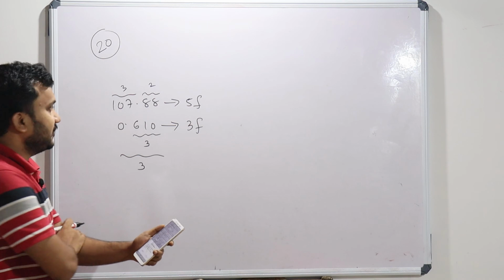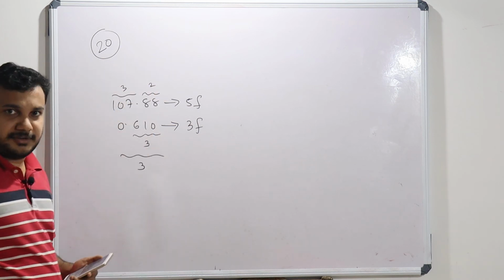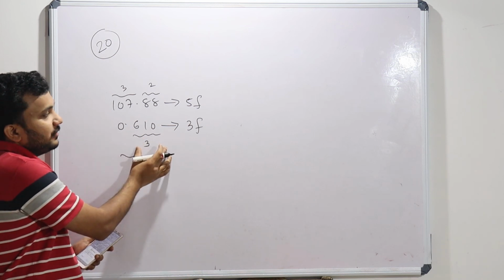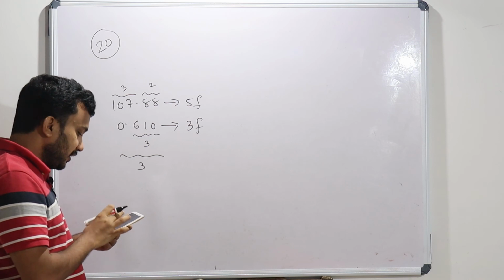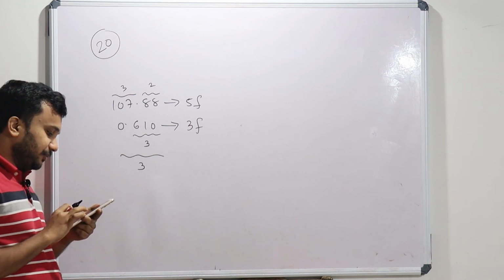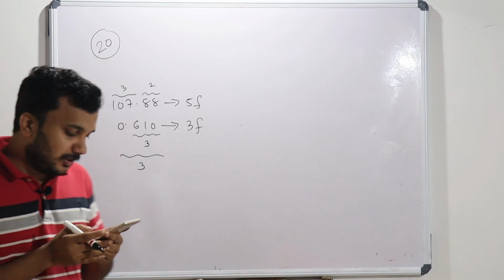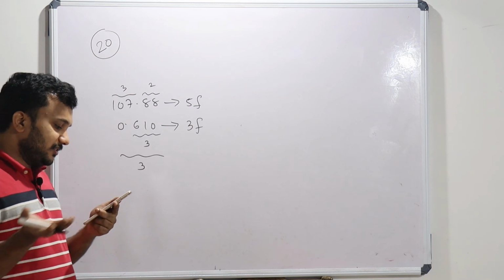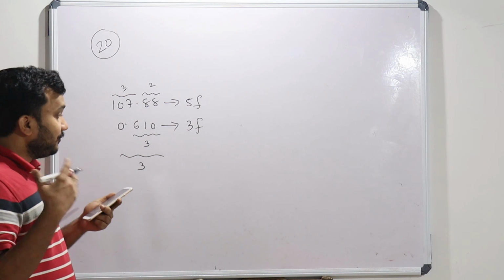Always the least number. Out of this, here 5 significant figures, and here we have 3 significant figures, and after decimal also we have 3 significant figures. So the least number is 3, so our answer should also contain 3. We have to pick one answer with 3 significant figures. You don't want to multiply in this case; if you go and multiply, it's a waste of time. The first one is not, the second one is not, the third one will have 4 significant figures.